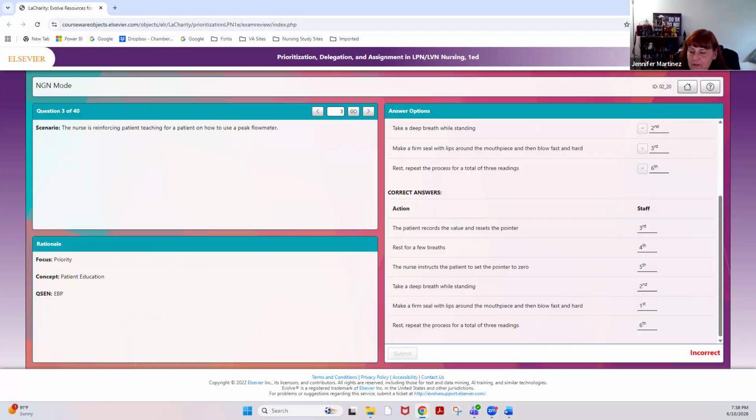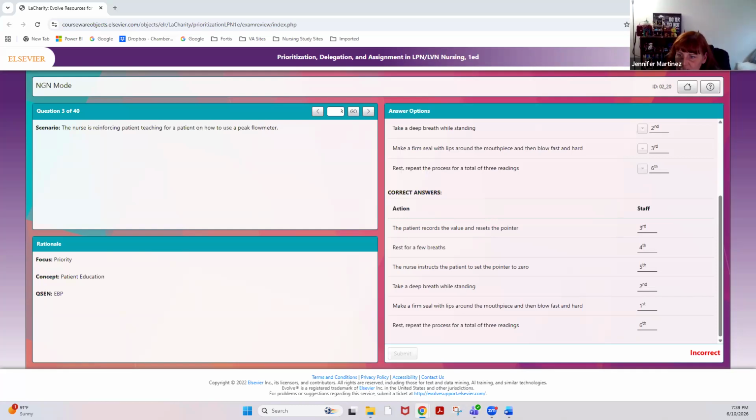You know what though? Let's see. Where's my Evolve? What's the name of that book? Clinical skills, right? Because I'm like, why would they put their mouth around the mouthpiece before they took a deep breath? So let's look at what the book says.